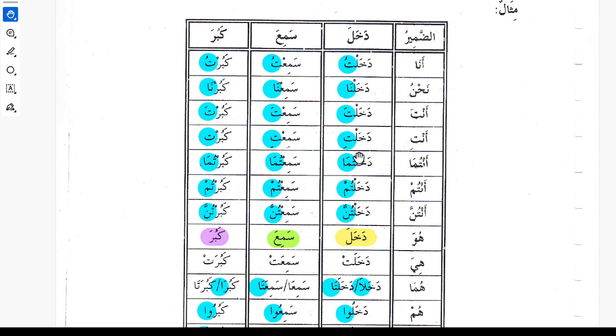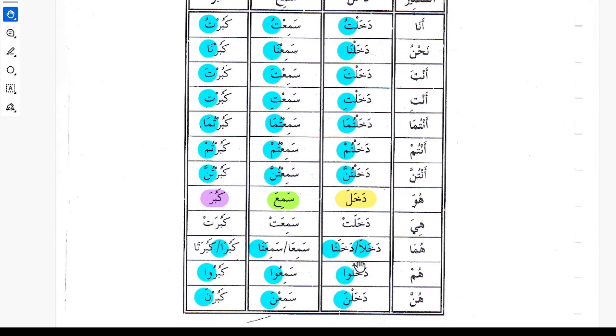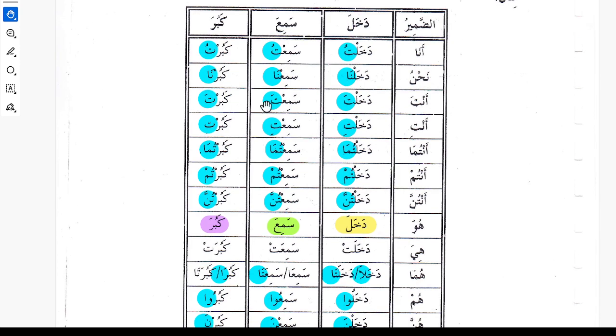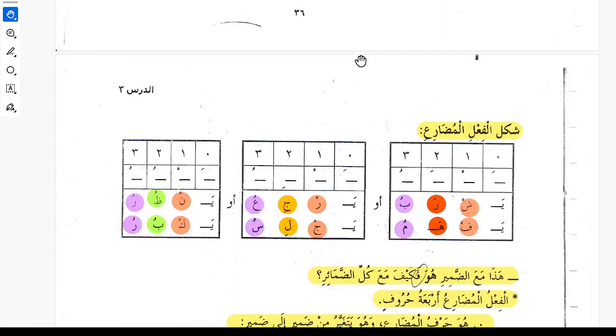You see the sukoon, and here it didn't change, and here it didn't change, and for hum it changed to dhamma, kaburu. So this is how every verb you can change the meaning of the verb with a different pronoun by changing the ending of the verb. So this was the past tense.